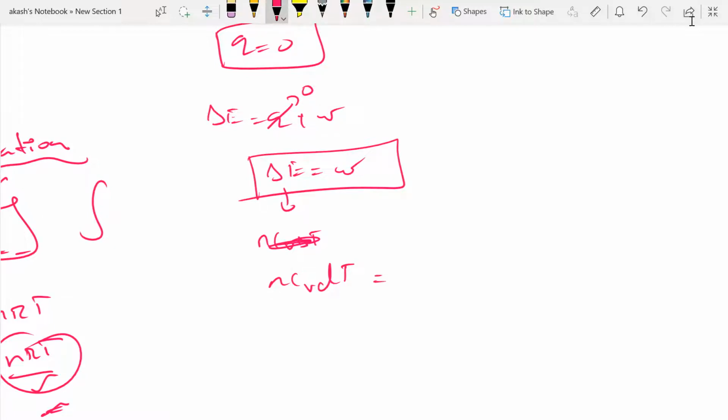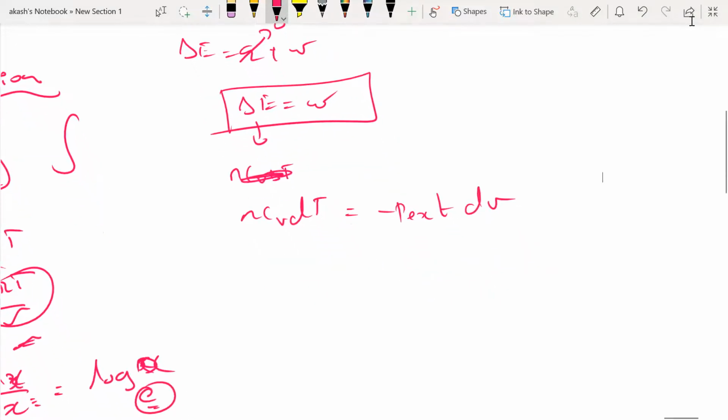Again, W, let me write it as minus P external dV. Then we can write this P external, since we're talking about an ideal gas, as pressure equals nRT divided by V, correct?